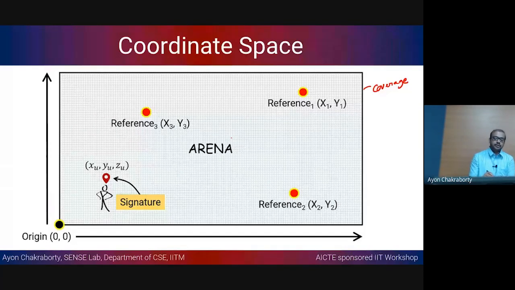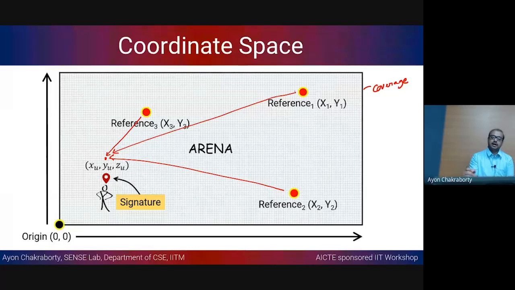Suppose your device is located at XU, YU and ZU, and you are trying to get some kind of a signature at this particular location with respect to these reference points. This signature could be different kinds of things that could be picked up from the signals that are being transmitted from these reference points. One of them could be simply a signal strength. These are all transmitters.